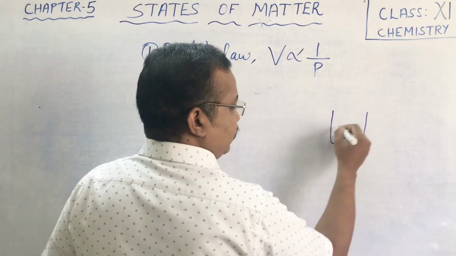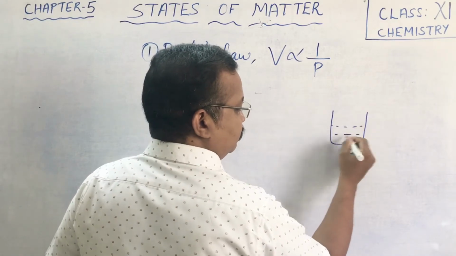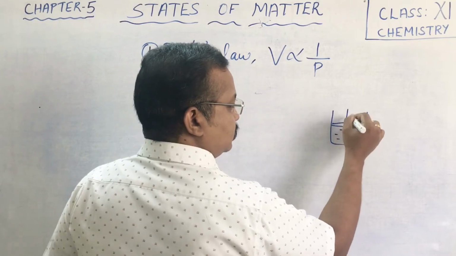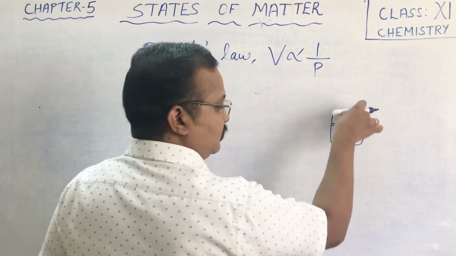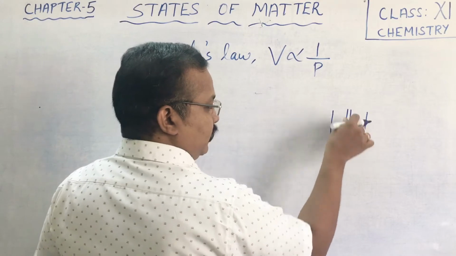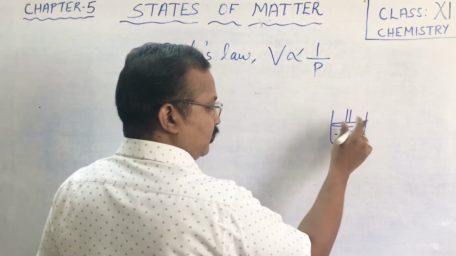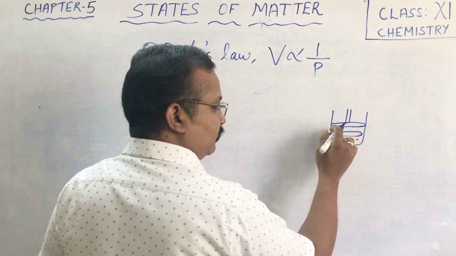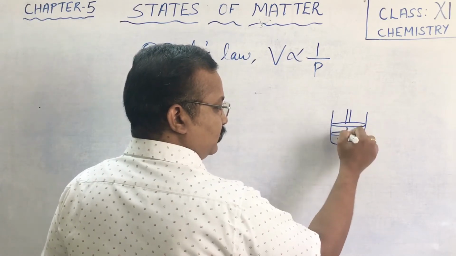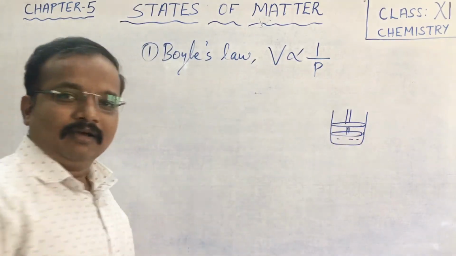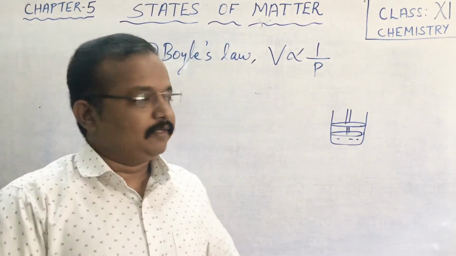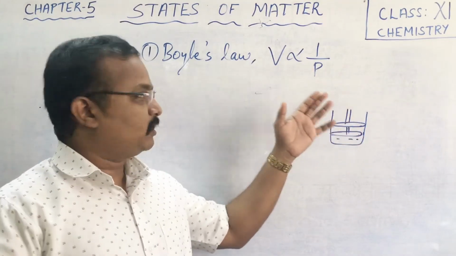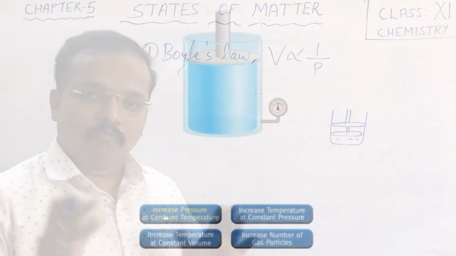If you take a given amount of gas in a particular system and you increase the pressure, suppose from here it reaches here, then the volume of the given substance will decrease, isn't it? So we can say that volume is inversely proportional to pressure, or pressure is inversely proportional to volume.